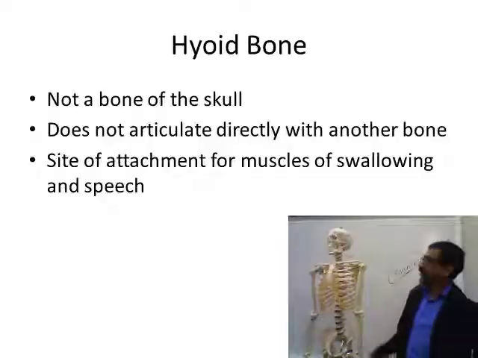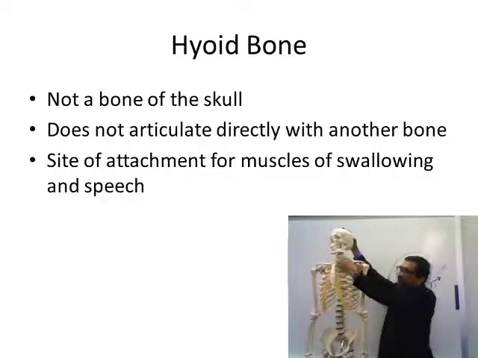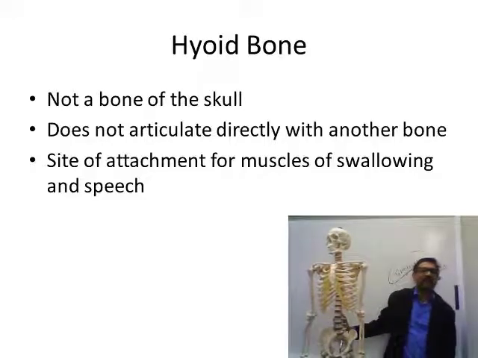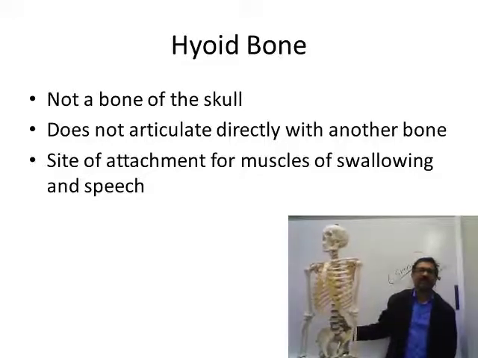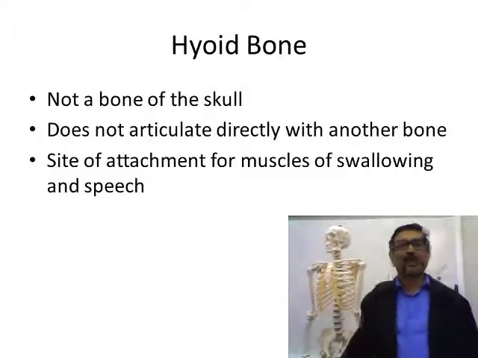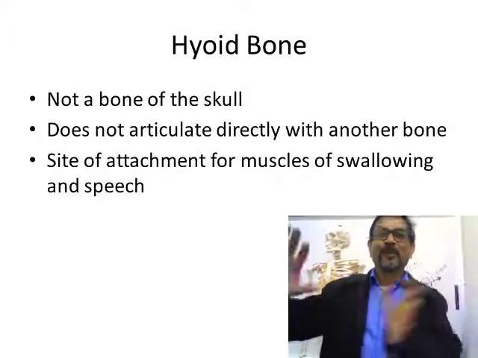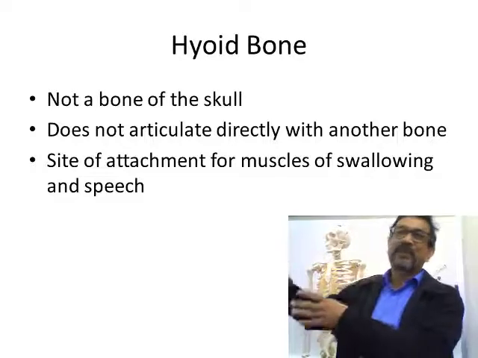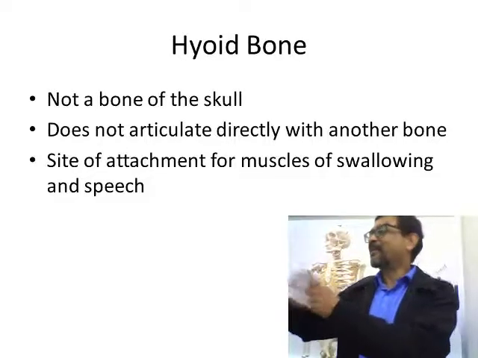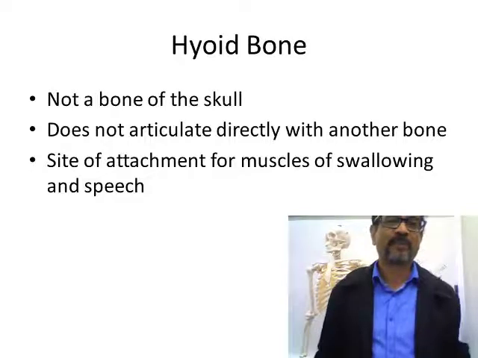Hyoid bone. This is an interesting bone in your body. You see here, this is the hyoid bone. Hyoid bone is also known as lonely bone. Why is it called lonely bone? Because no one wants to take him as his part.